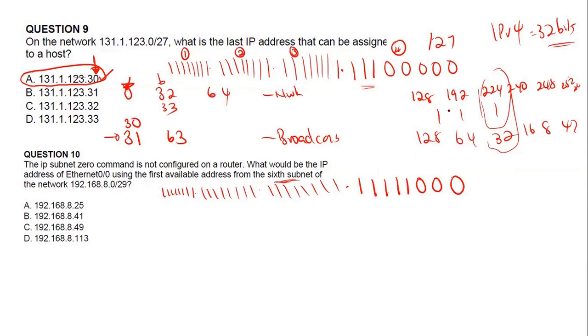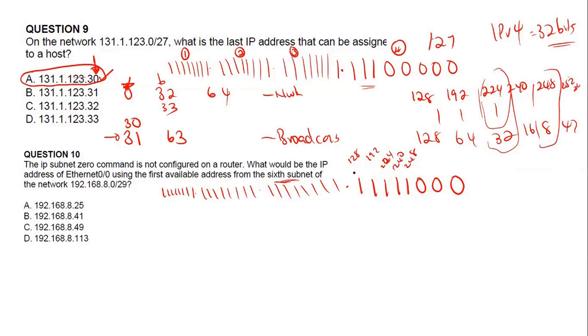Again, our table here. This is 224, 240, 248. 248 gives us a range of 8.